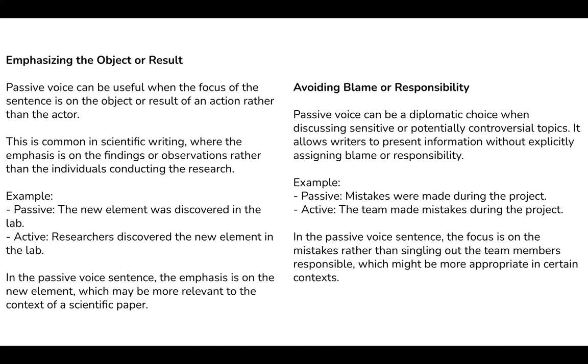So this can be used when you are writing reports. You can just remove that part to keep them safe or protect them, right? So in the passive voice sentence in this example, the focus is on the mistakes rather than singling out the team members responsible, which might be more appropriate in certain contexts, right? So those are the two main benefits of passive voice in technical writing.